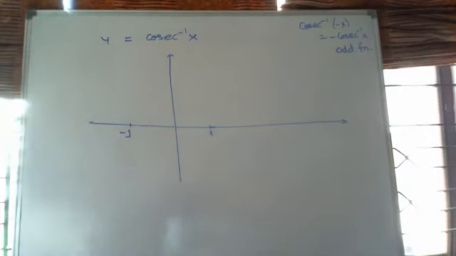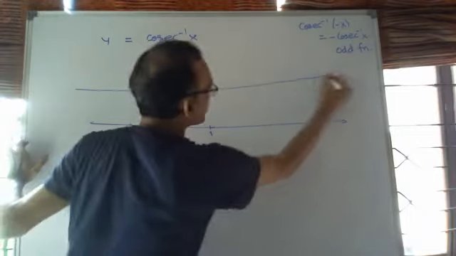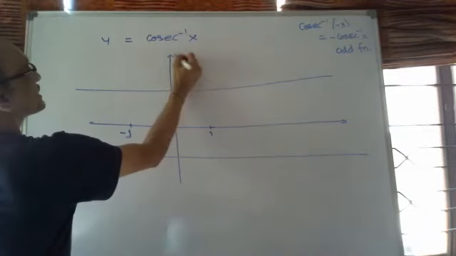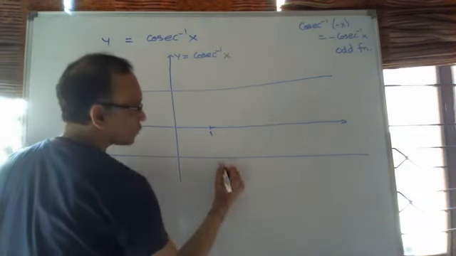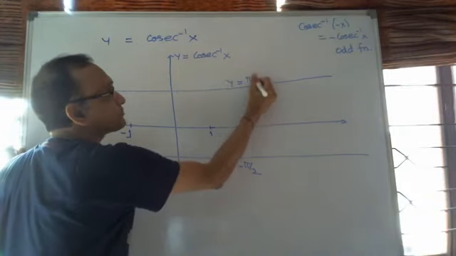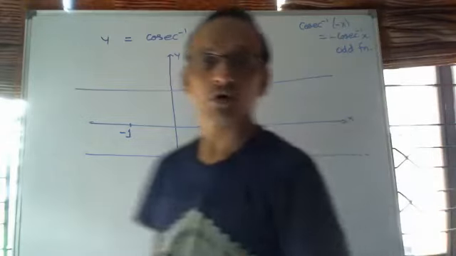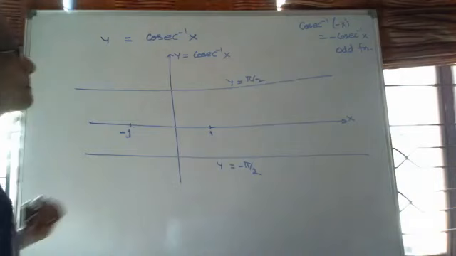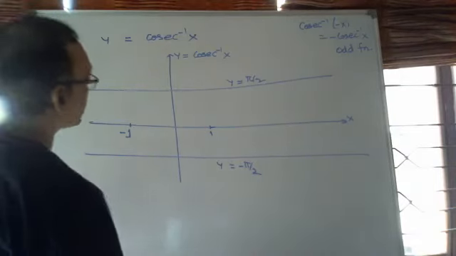What is its range, son? The principal value cosec inverse x can take values from y equal to -π/2 to y equal to +π/2 except y equal to 0. Y equal to 0 is the x-axis. No point on the graph will be on the x-axis. The graph will lie in this interval.